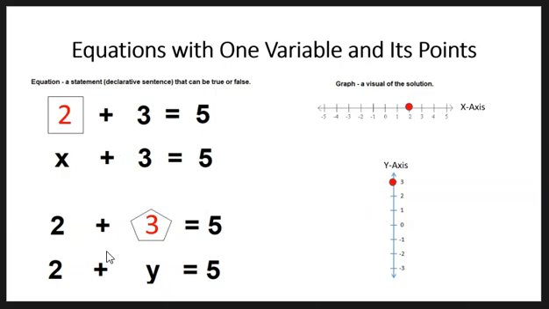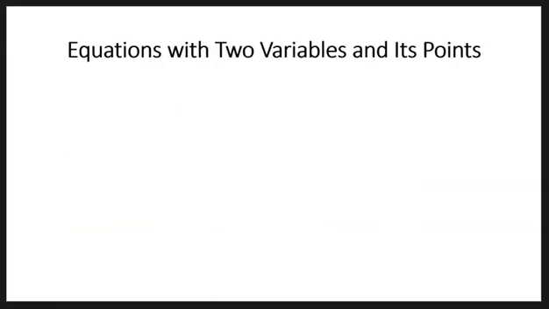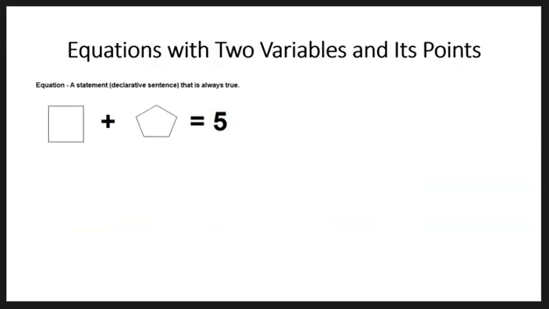Now, let's say I take the same equation, 2 plus 3 equals 5. Instead of missing the first number in the addition or the second number, let's say we're missing both numbers in the addition. Now here, I know it's an equation because I have an equal sign. It's missing 2 numbers instead of 1 number.